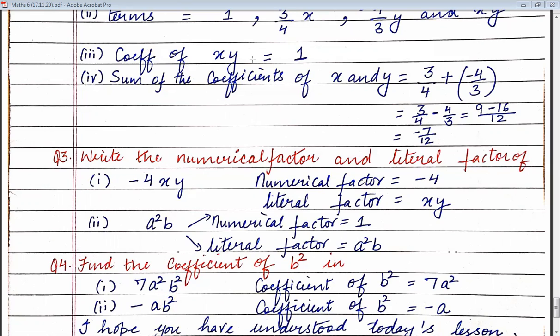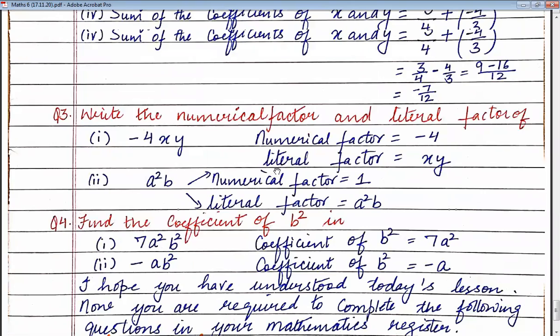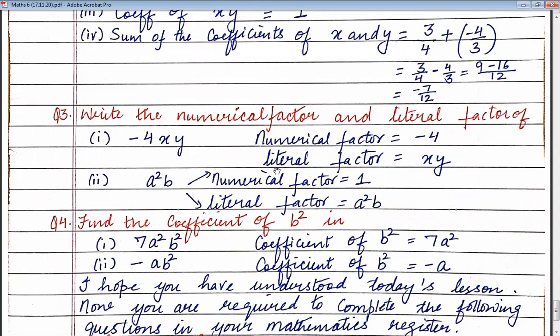So, children, I hope you have understood today's lesson and you have understood all the terms used in this chapter, that is, variables, constant, numerical coefficient, algebraic expression, like terms, unlike terms, polynomial.